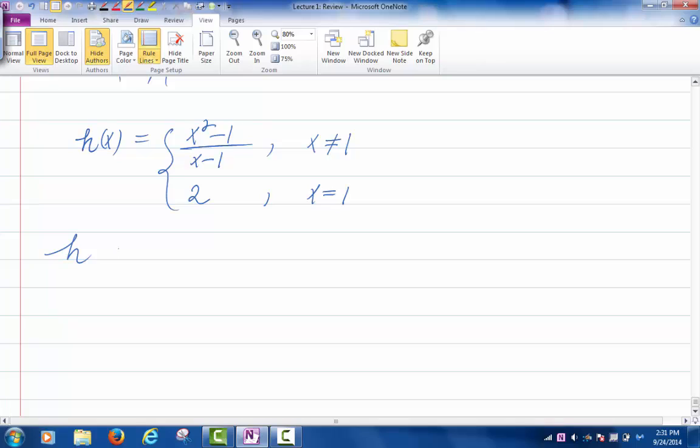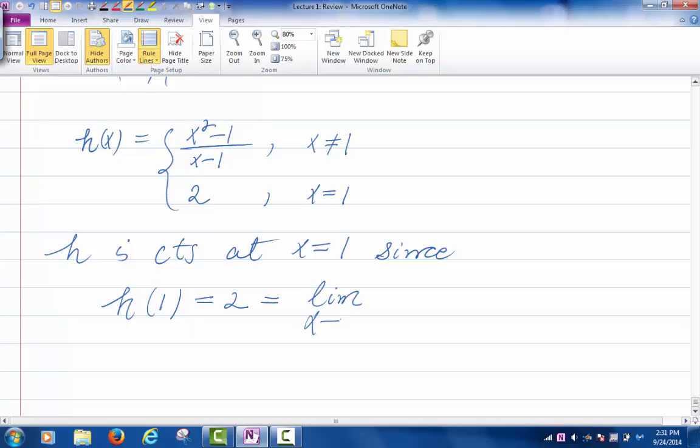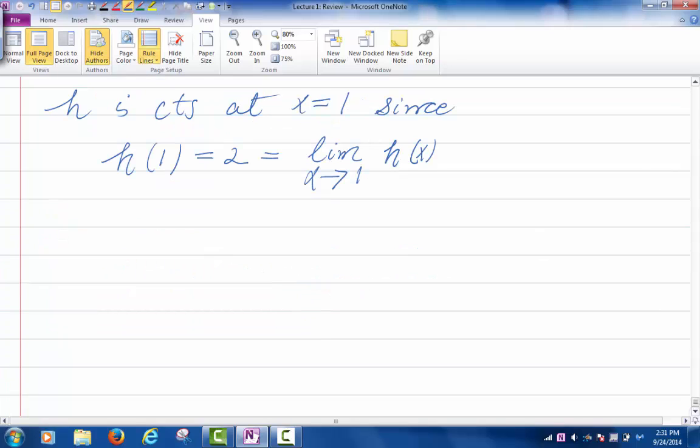So h is continuous at 1 since h of 1, which is 2, is the same as the limit of the function at 1, right? Again, the limit of h of x is the same as the limit of that ratio, which is 2, and which is the same as h of 1 in this case. Is everybody okay? Let's think about the graphs of these functions and see what's going on.